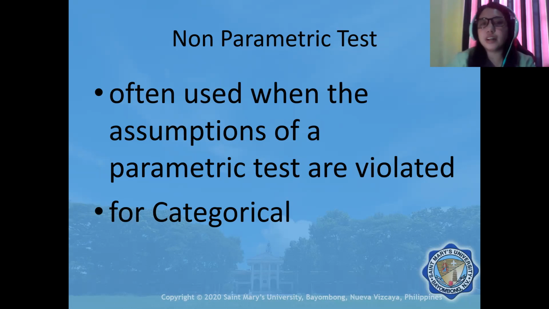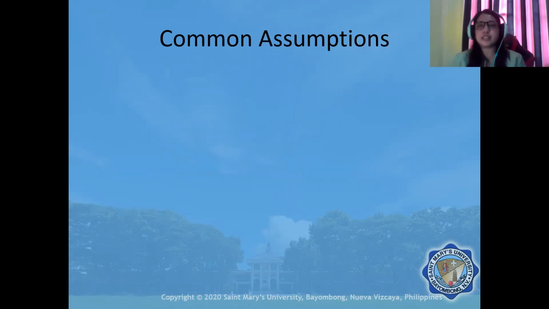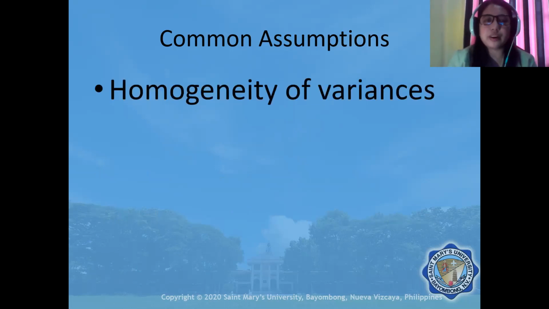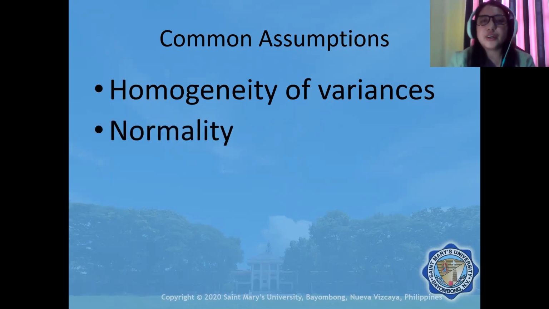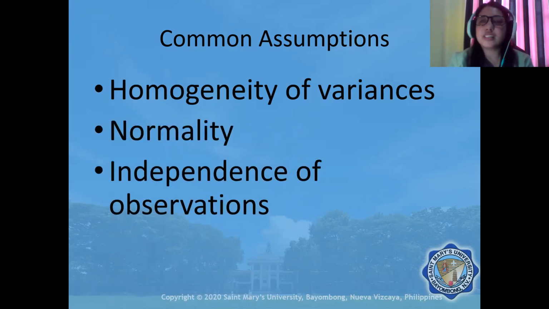So we also have tests for that. And then, aside from that, here are the common assumptions: homogeneity of variances, normality, independence of observations, and linearity. These are the common assumptions of parametric tests.